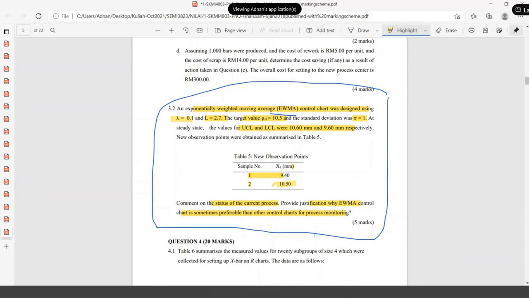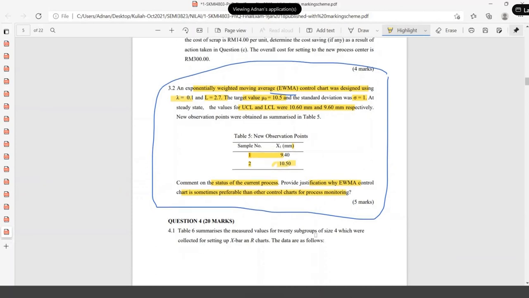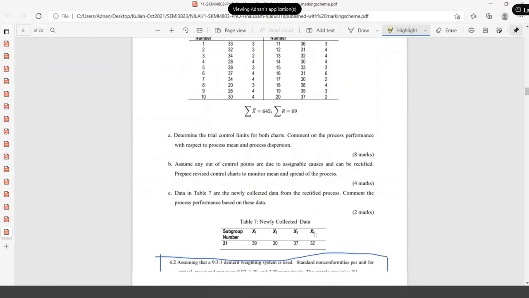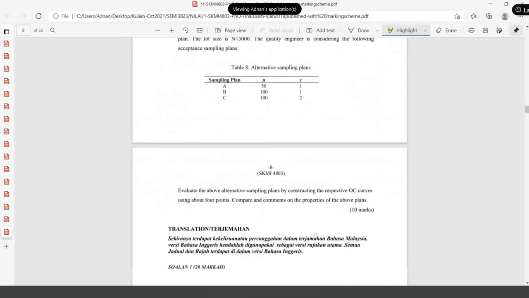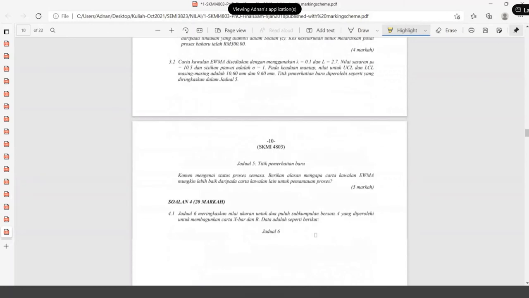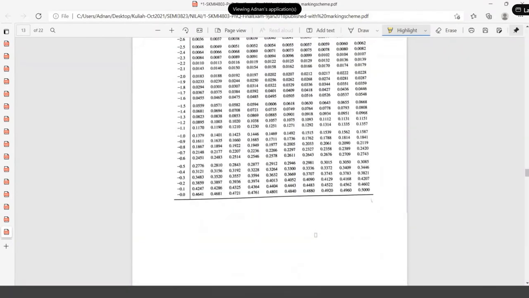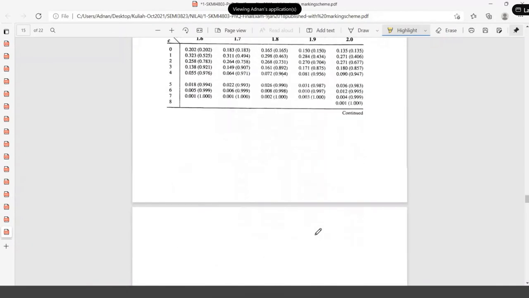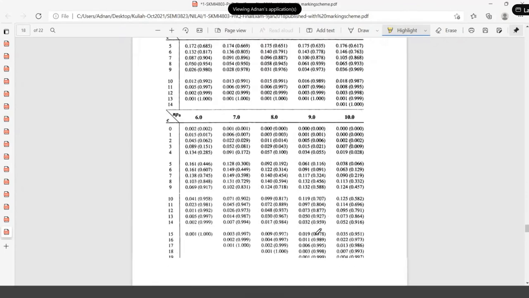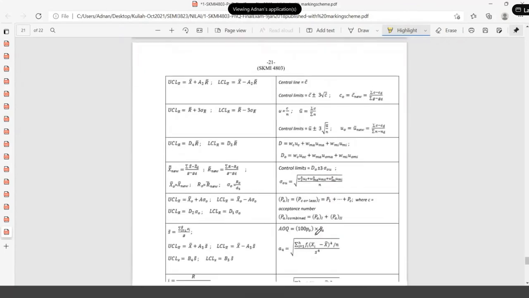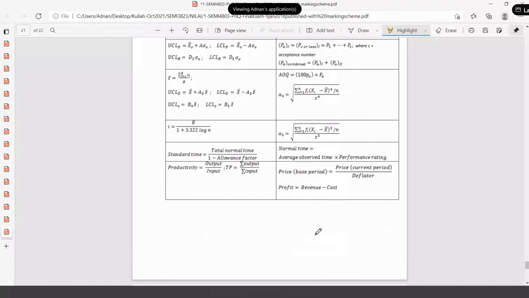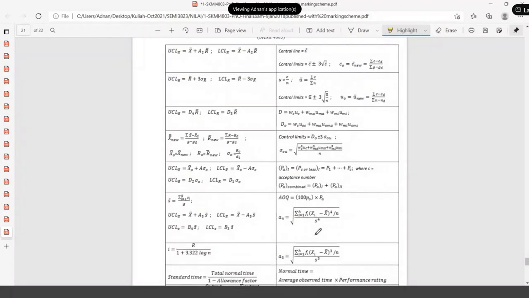Okay, so 3.2. Let me see. I think we have the solution somewhere. 3.2. Okay, formula yang sini biasa kita sediakanlah formula ni.